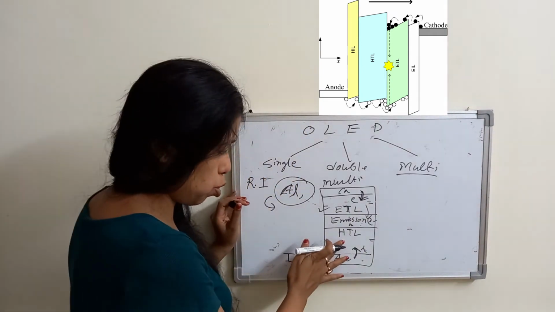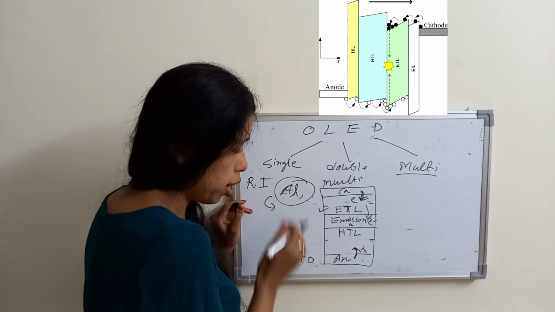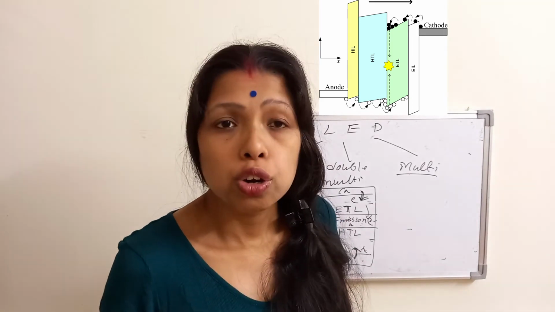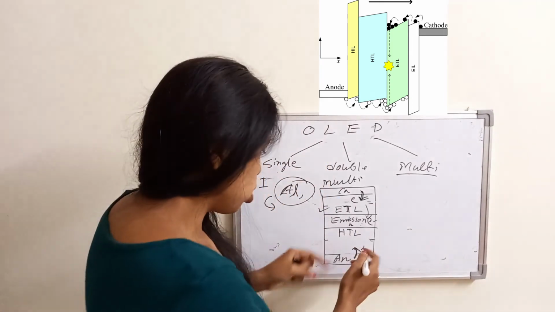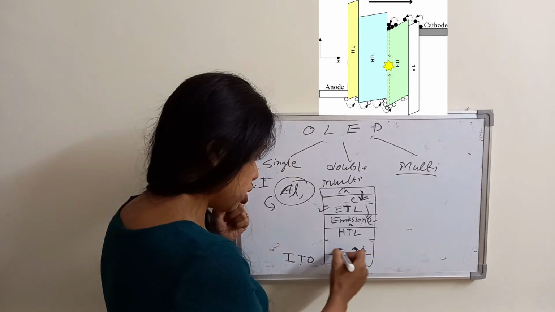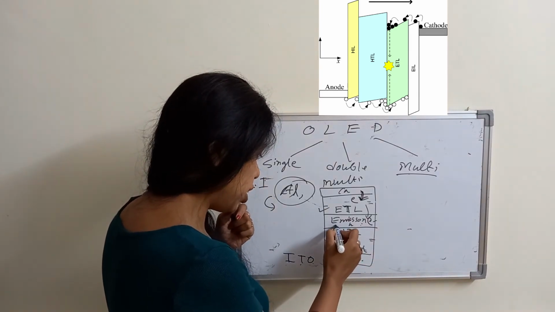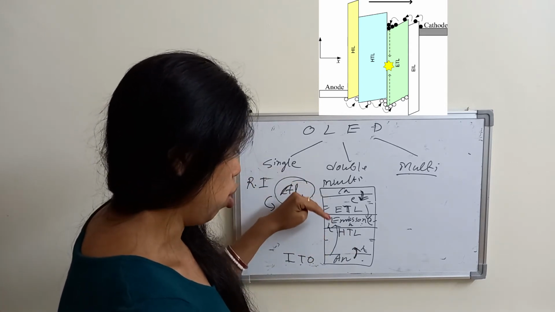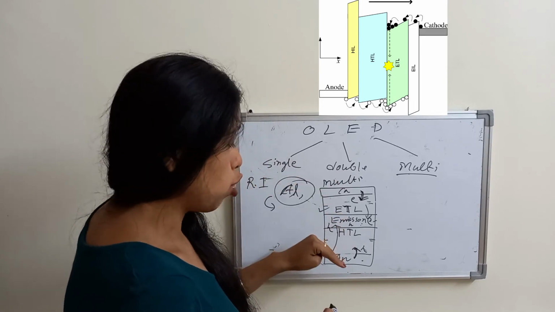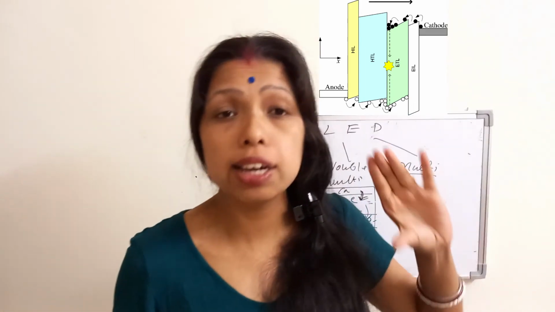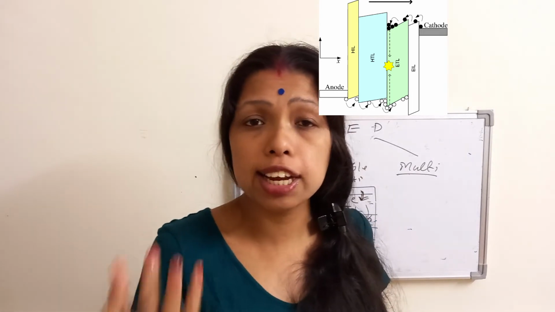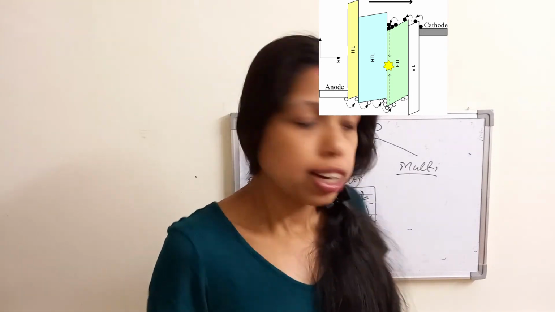Now come to the hole transport layer. What is the function of the hole transport layer? By name, it is a transport layer which transports holes to the device, and it will restrict electrons from the outside of the device. The band gap and the energy level diagram should be such that it can only transport the hole from the anode, and it will restrict electrons from the opposite side of the device, right?